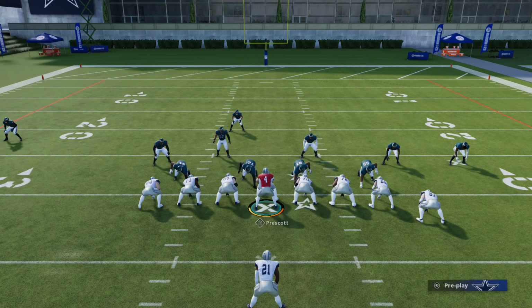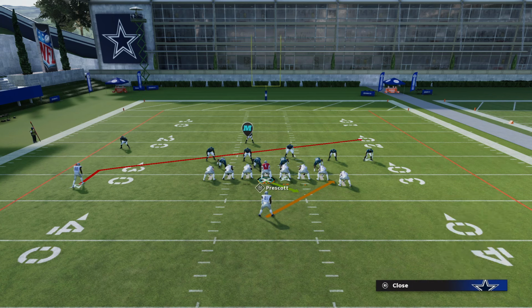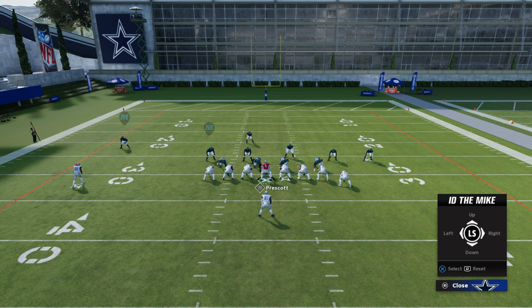The next thing is you can ID the Mike. What this allows you to do is pick the center linebacker, and that adjusts your offensive line's pass protection based on who the middle linebacker is. So in this play, let's say we're running a stretch run.